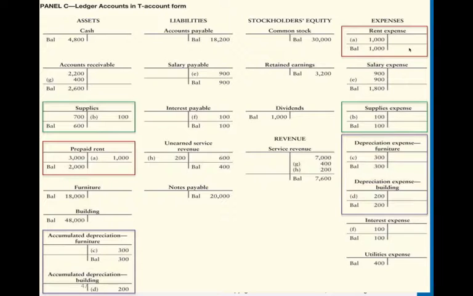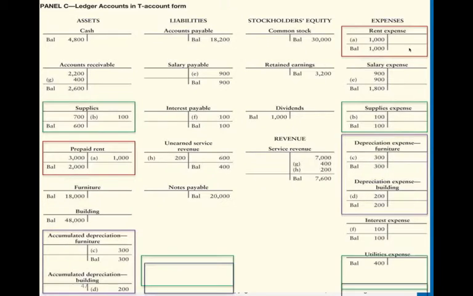As we use this long-term asset, we'll reduce the value of it by listing accumulated depreciation and depreciation expense. So this represents that on a monthly basis, furniture's usefulness is reduced by $300 worth of value, building reduced by $200. Okay, so this again is a monthly recurring entry that will happen on a monthly basis.